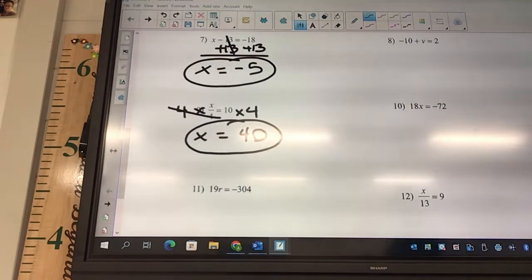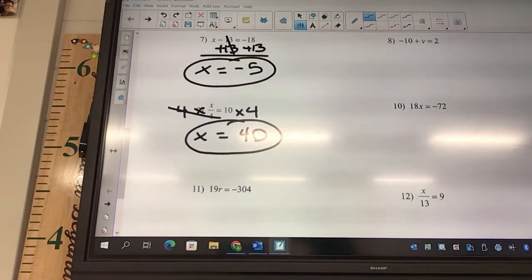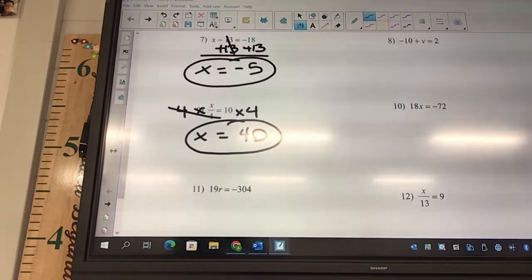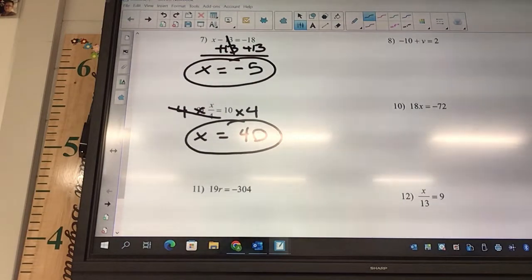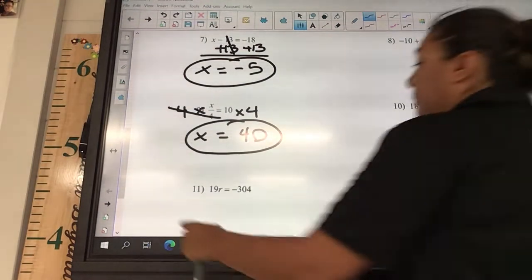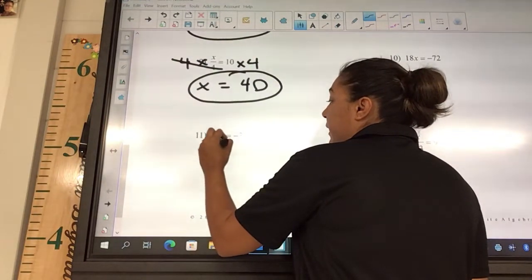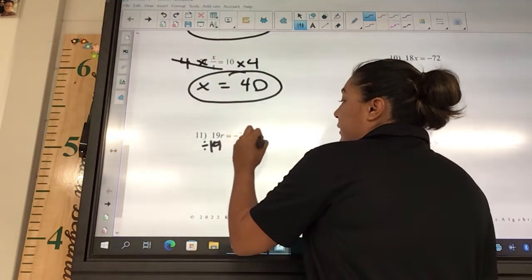Number 11, I got 19r = -304. What does 19r mean? It means 19 times r. So that's multiply, so what do we need to do then? Divide by what? 19. So you can say divided by 19, divided by 19.